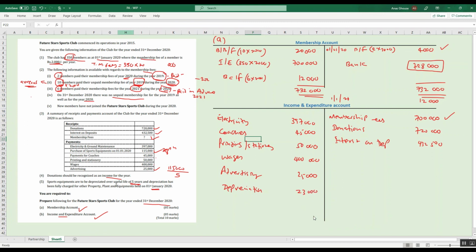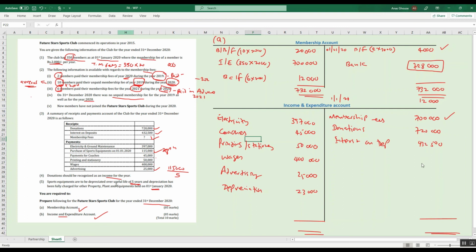Now we need to calculate the surplus or the deficit under the income and expenditure account. We don't call it a profit. Since these are not-for-profit organizations, we call it either a surplus or a deficit.